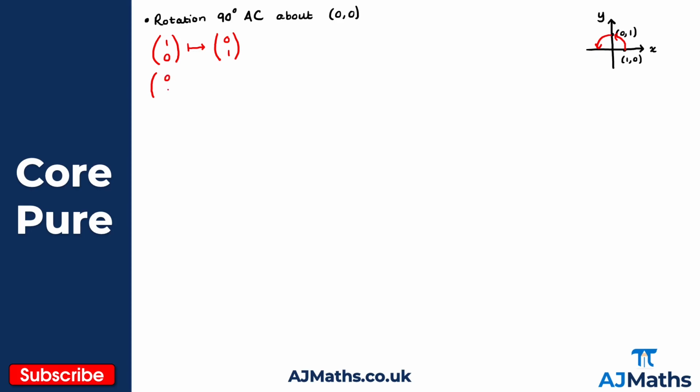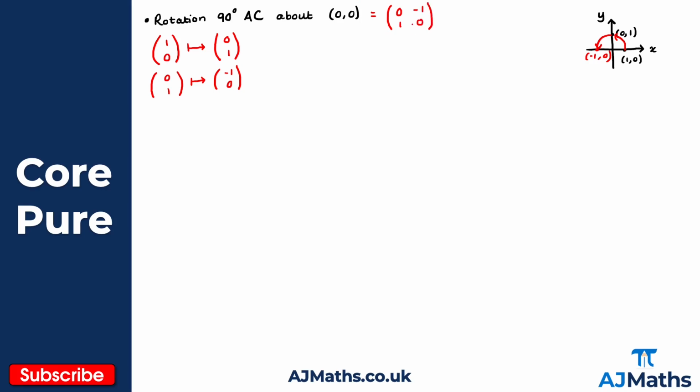So (0, 1) maps to (minus 1, 0). From here, we can now easily see the 2 by 2 matrix that represents a rotation of 90 degrees anti-clockwise about the origin. This matrix is given as 0, 1, then minus 1, 0. So (0, 1) for the first column, and then (minus 1, 0) for the second column.